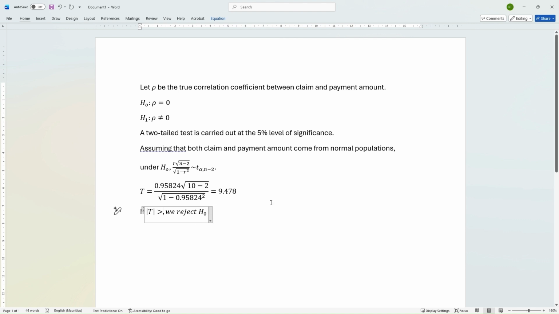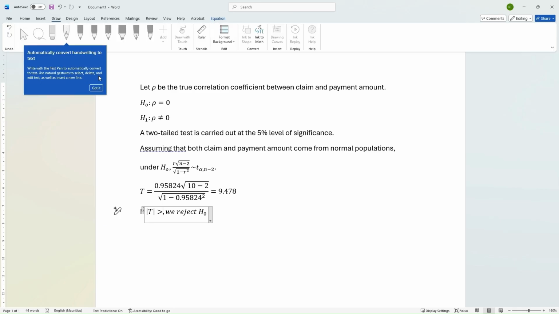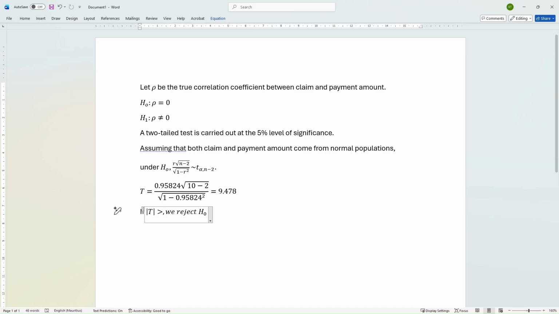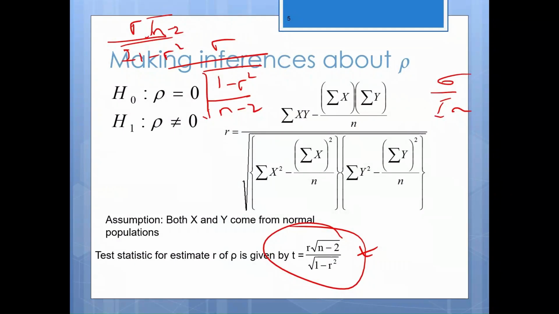So we have our distribution, I'm just going to draw it somewhere here, which is a t distribution, and we are asked to find this.